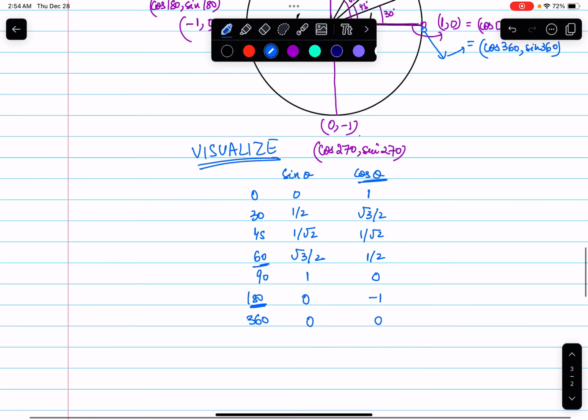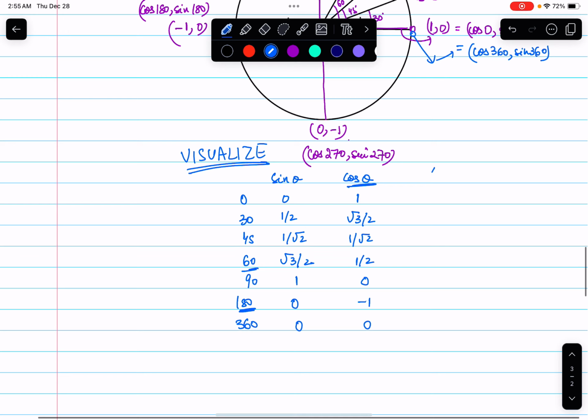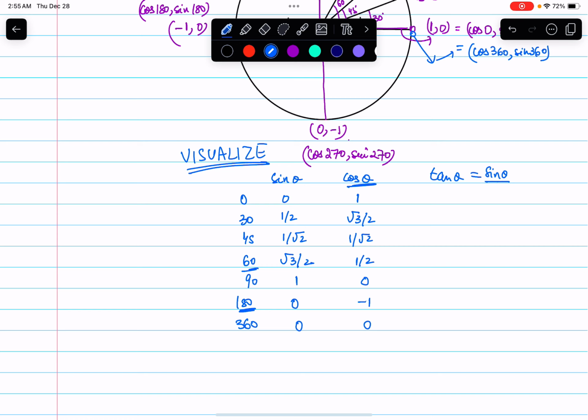And then, once we get all this, for tan of theta, you simply just divide. So this is sine of theta by cosine of theta, and then you do the division over here. Okay? And the important thing to remember is that sometimes when cosine of theta is 0, then these become undefined.